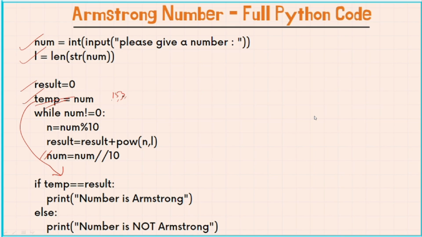We take each of the digits of 153 using the mod operator, then raise to the power, find the total and store it in result, and then we modify num using the floor division. This updated value we keep on checking in this while loop. Finally, when all the digits have been iterated, we check if the temp variable is equal to result. Then we will say it's an Armstrong number, otherwise it's not an Armstrong number.